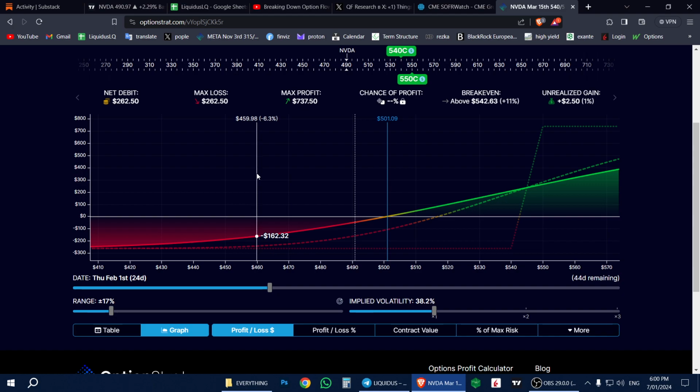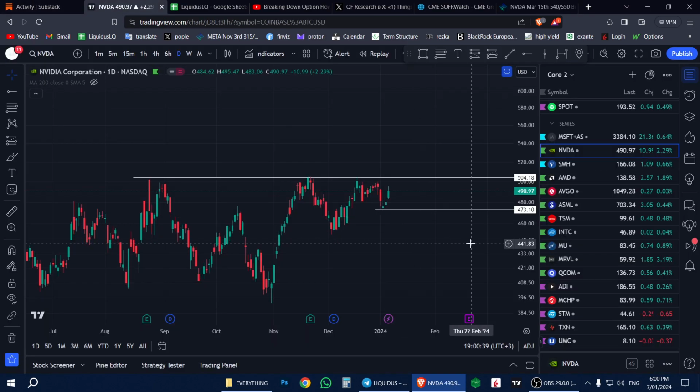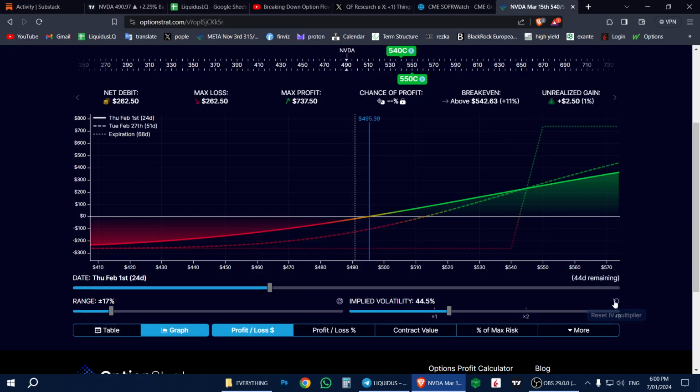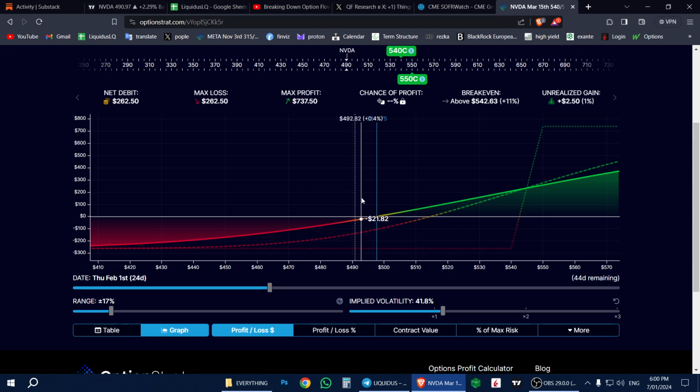Mind you, the volatility will likely increase going into the earnings itself, because earnings are on the 21st of February. Volatility across these two contracts averages 38. Volatility will undeniably pick up a couple of percentage points, and your risk around 460, 470 will be 142, 140, 110.